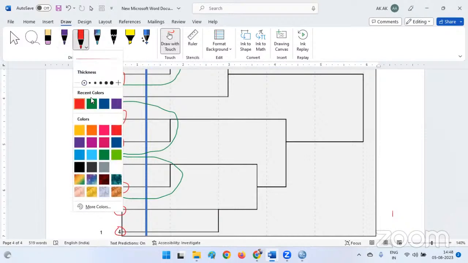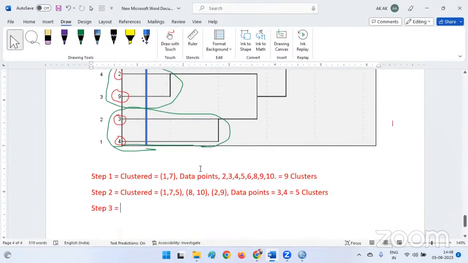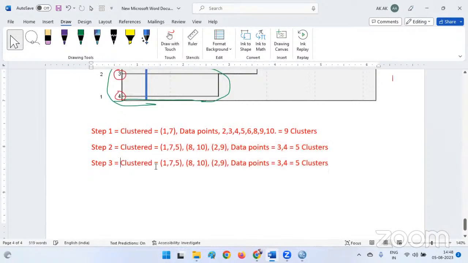So this is one more cluster. All right. So we can say that now 3 and 4 have clustered. So all clusters are there. There are no data points left. There are 4 clusters.